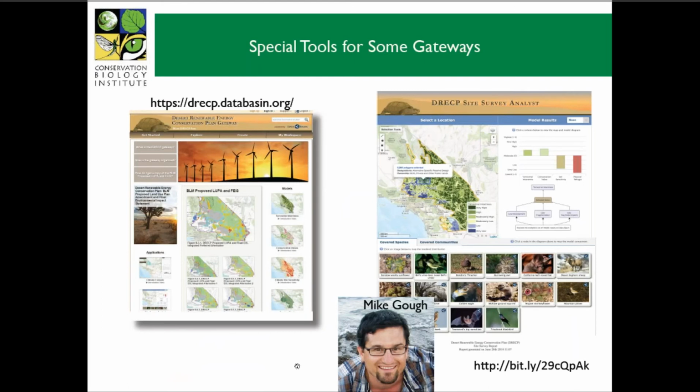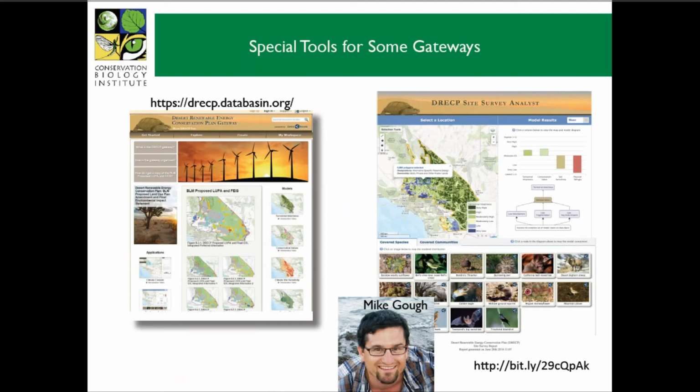This particular gateway is for the Desert Renewable Energy Conservation Plan area in Southeast California. For this one, we had a group of very diverse stakeholders, and we wanted to make sure people had a pretty good idea of what the conservation issues were.